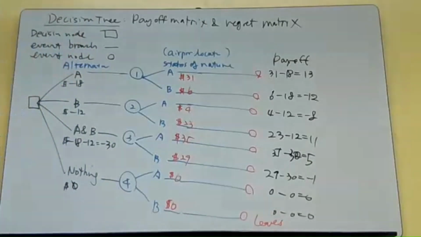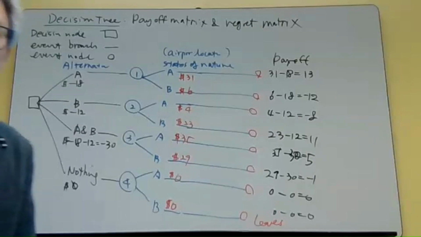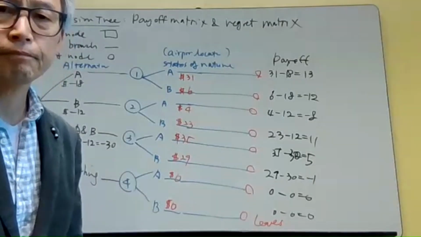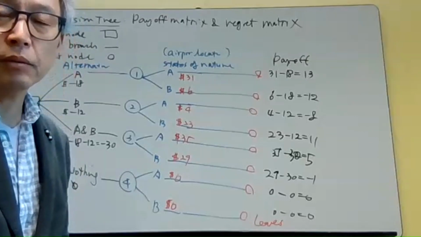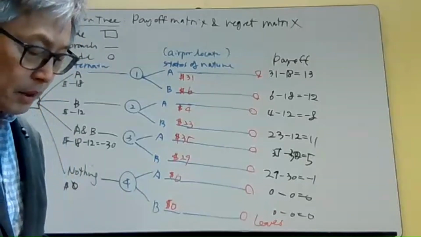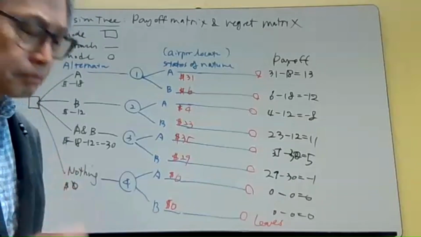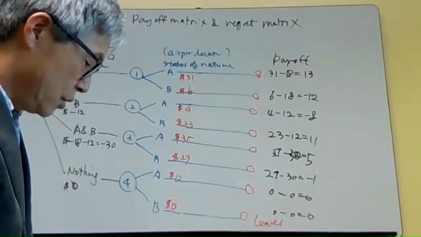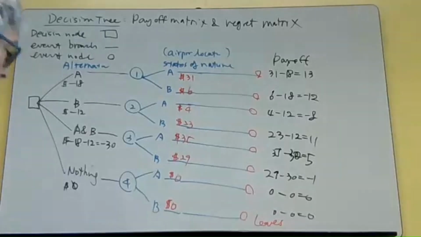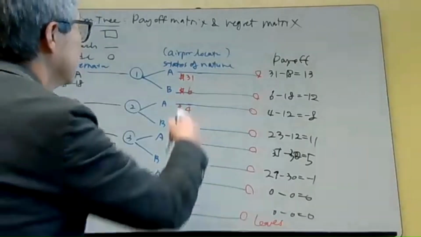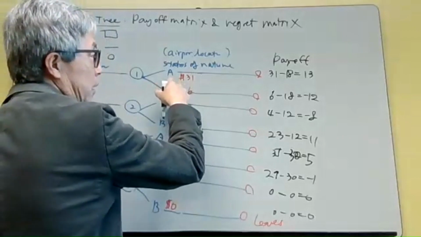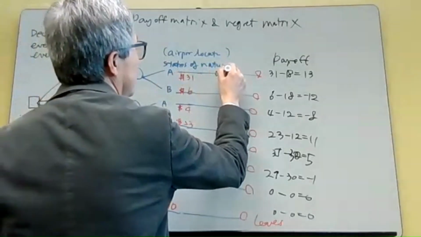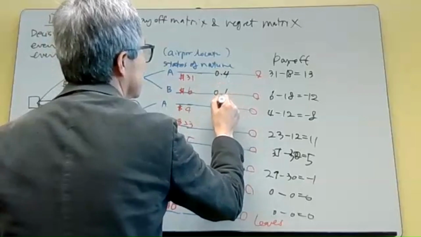Then, if we have a probabilistic approach with this decision tree, we need to calculate expected monetary value. The probability of having the airport at location A is 0.4, and B is 0.6.